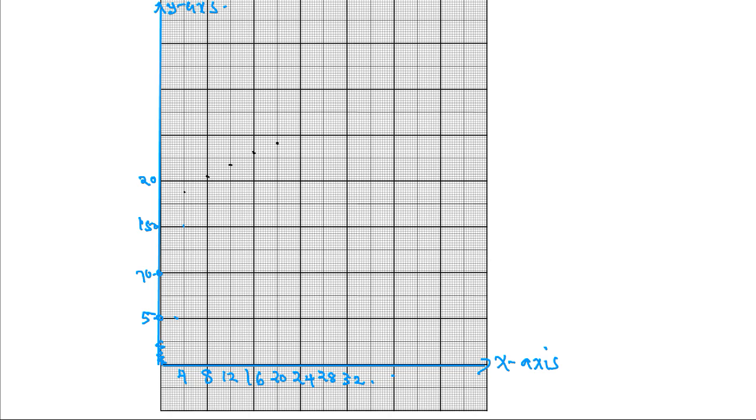Then there is 24, 23. Already there is a drop. 28, 21 is already dropping. 32 is coming down to the starting point, going all the way to 19.